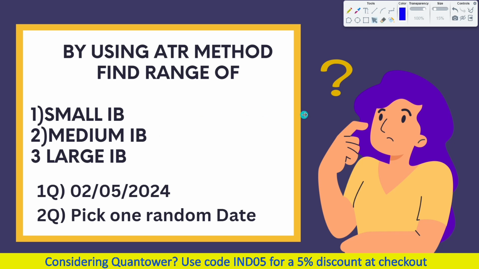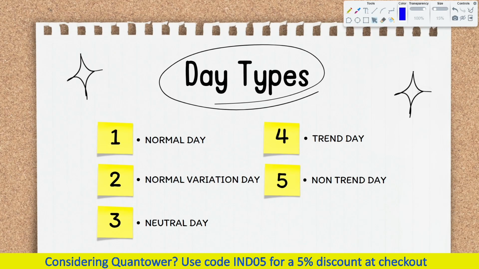So now let's continue. Till now we have discussed IB and how to calculate it. Now from here on we're going to discuss day types. Broadly we have 5 day types: normal day, normal variation day, neutral day, trend day and non-trend day. Some of you might immediately ask, I have seen other articles, read other books, and seen other creators' videos, and they said we usually have 7 or 8 day types.